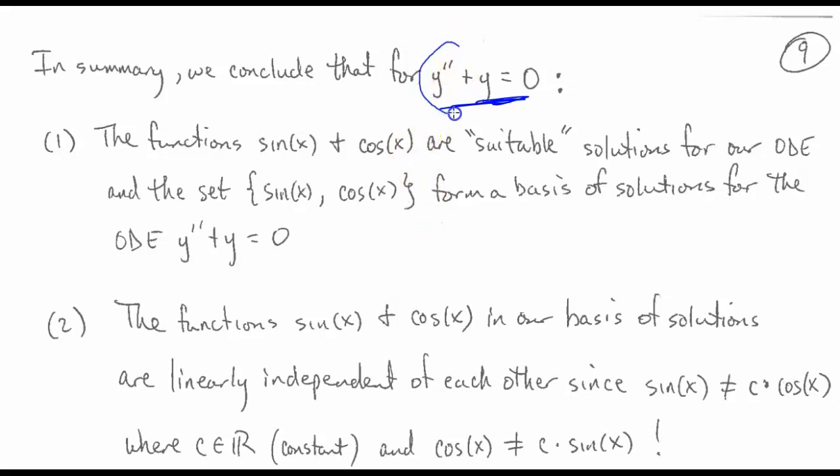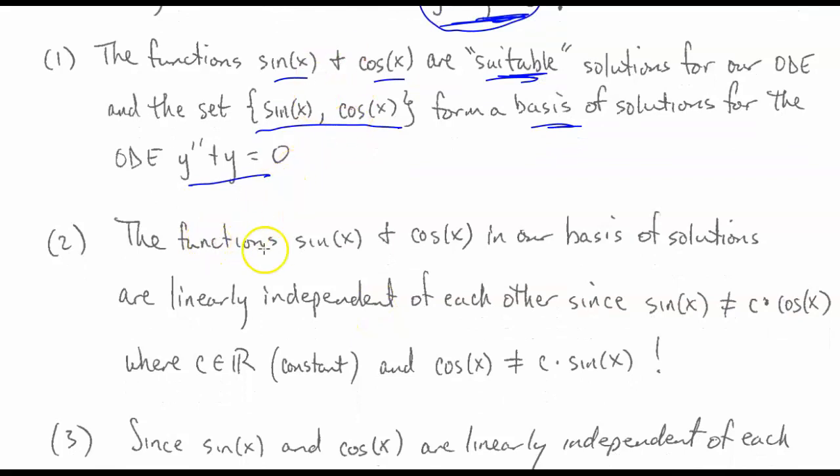So for this particular ODE, we saw that the functions sine and cosine were what we consider to be suitable solutions because both of these functions satisfy this ODE, okay? And we know that because of that, these two functions form what we call a basis or a fundamental set of solutions for this ODE, okay?